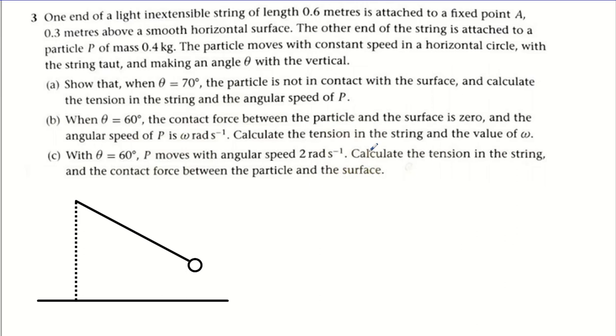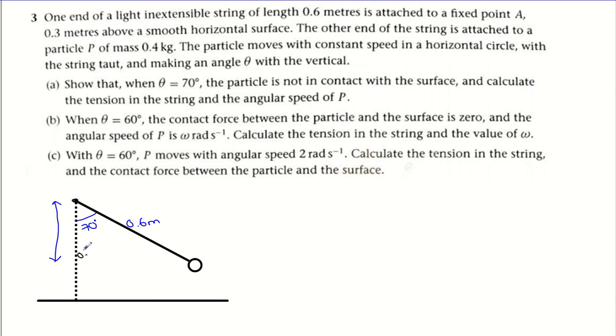The next question then is 3 parts. So initially we've got the string 70 degrees to the vertical, and the string is 0.6 meters long, and your first job is just to prove that it's not touching the surface. So in other words, finding this height here and proving that it's less than 0.3, because this point here is 0.3 above the ground.